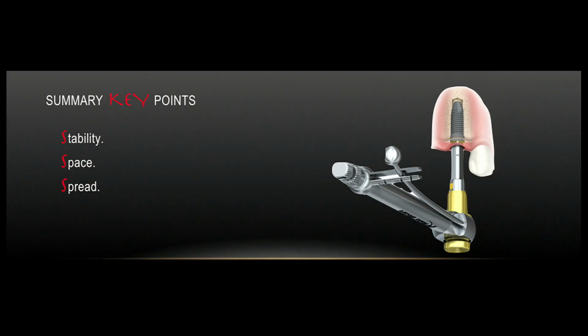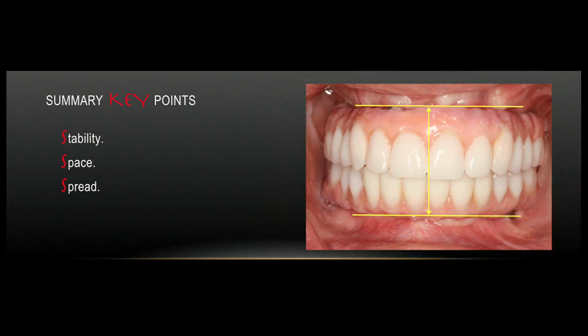I mean that I need to have a minimum of 4 implants that are very, very stable in bone. What that means is you can take an ISQ value, or you can take a simpler approach and use the torque value in your torque wrench to decide whether that implant is stable or not. I use a 35 Newton torque value as a minimum requirement for immediate load. Then you have to have space.